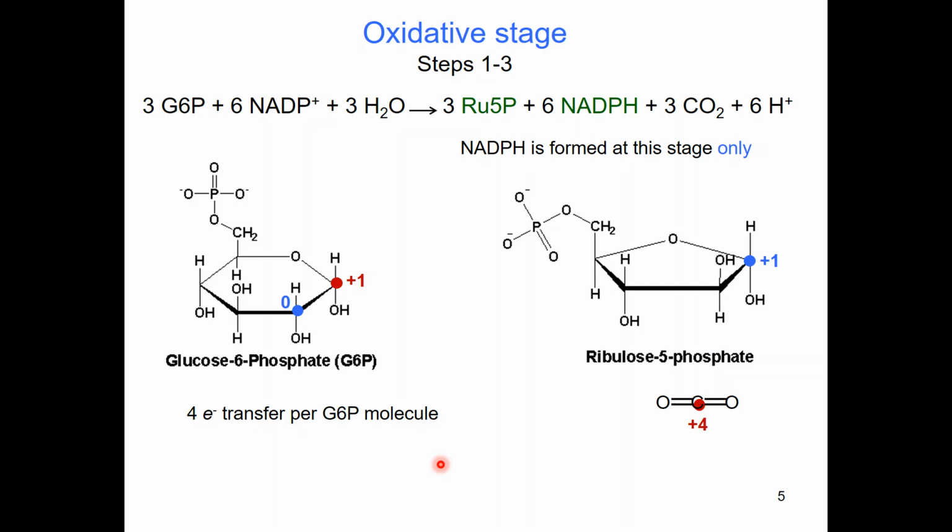So overall, there are 4 electrons that need to be transferred per 1 glucose 6-phosphate molecule, and we know that each NADP plus molecule can accept only 2 electrons at a time, so that's why we need to use 2 molecules of NADP plus per each glucose 6-phosphate molecule, and that brings us to this balanced equation of the oxidative stage.